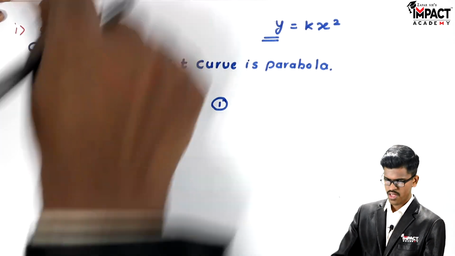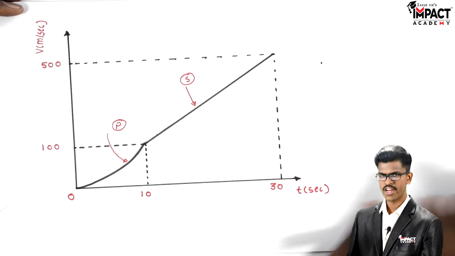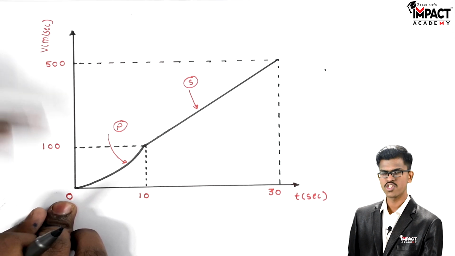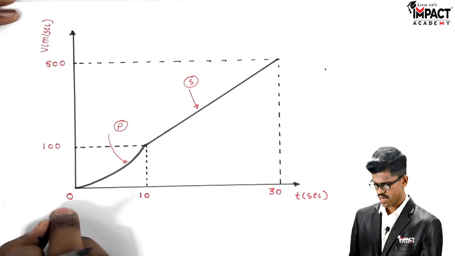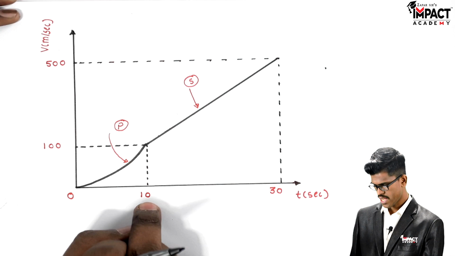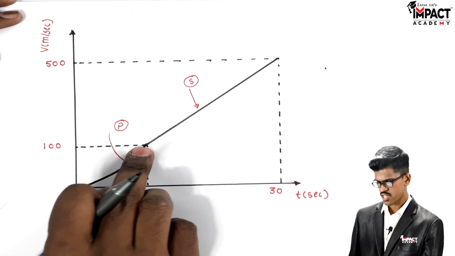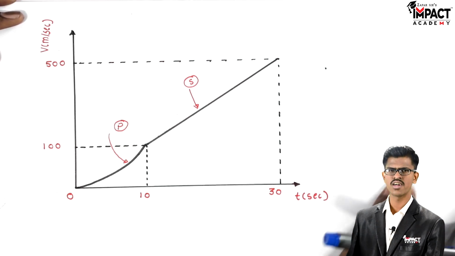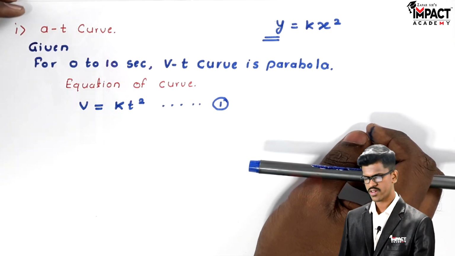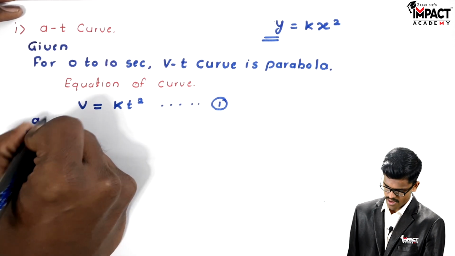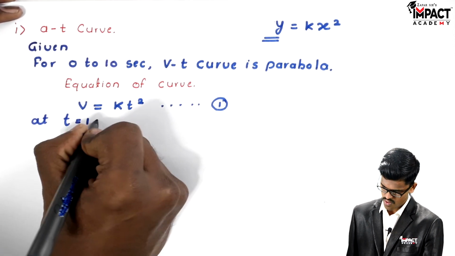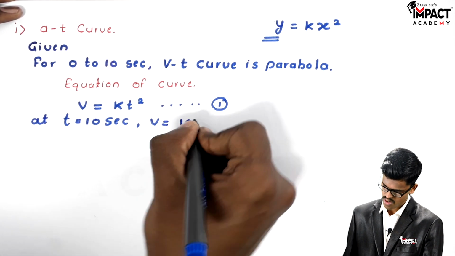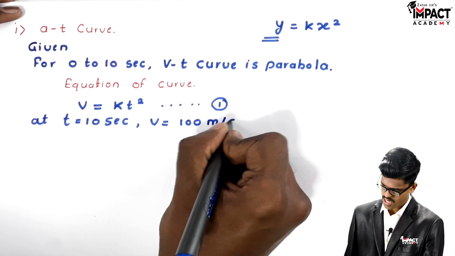From the diagram we can find the value of k. At time t equal to 0, the velocity of the car is 0. When time reaches 10 seconds, the velocity of the car is 100 meter per second. So we get the conditions. Just substitute: at t is equal to 10 seconds, v is equal to 100 meter per second.